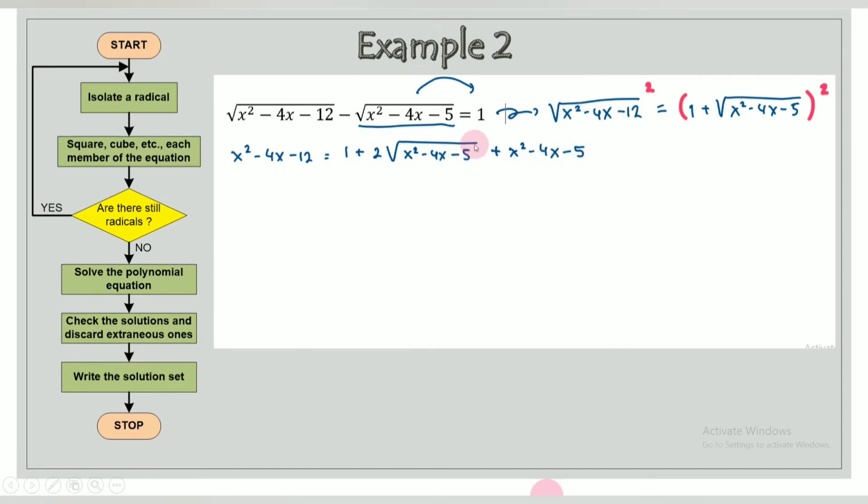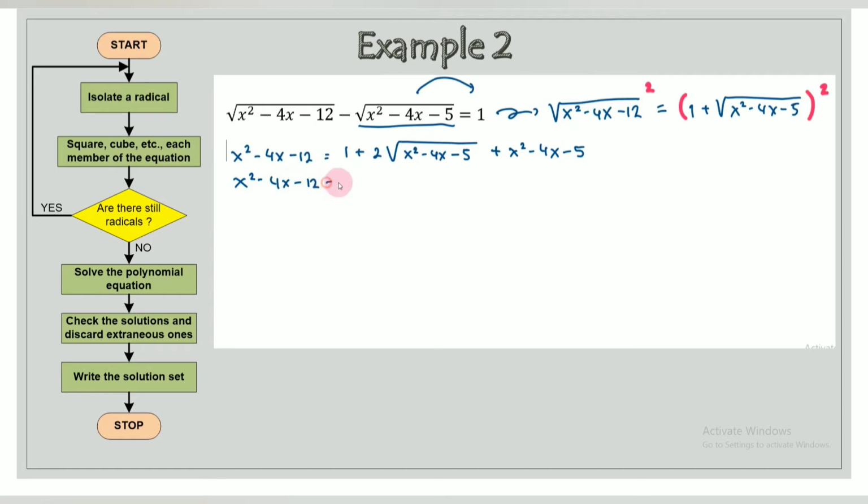So now we still have a radical, right? When we go to the next step, are there still radicals? Yes, we still have it. So let's go back to isolating a radical. But how do we isolate this radical? Let's just move the other terms to the left by adding or subtracting both sides with that term.